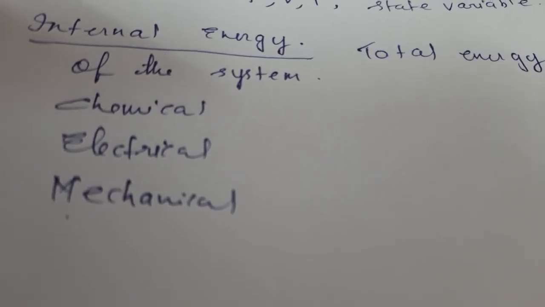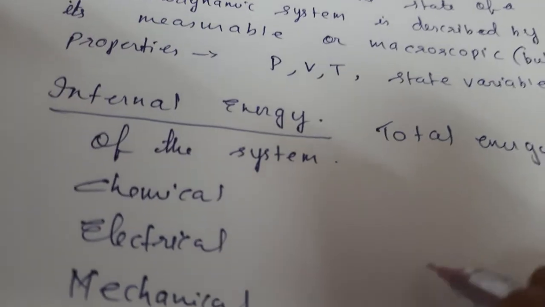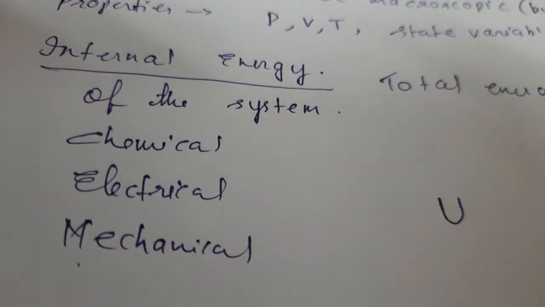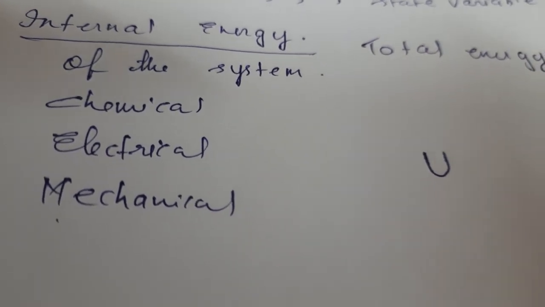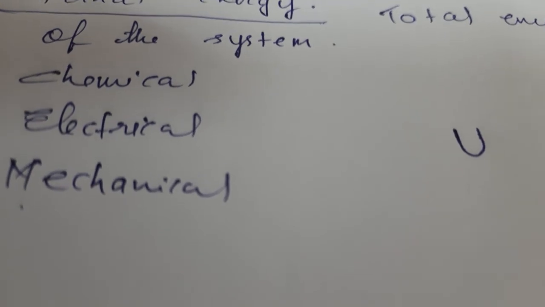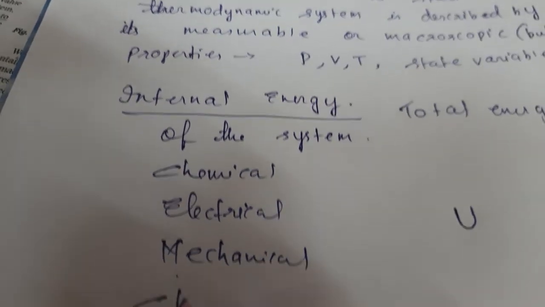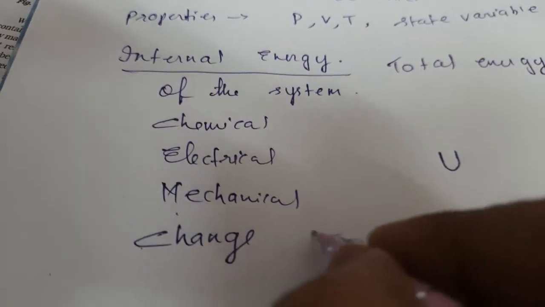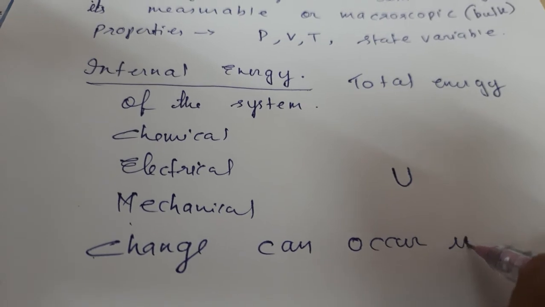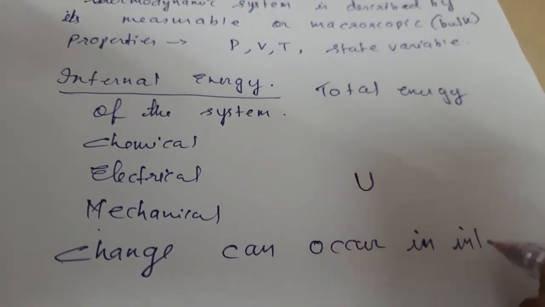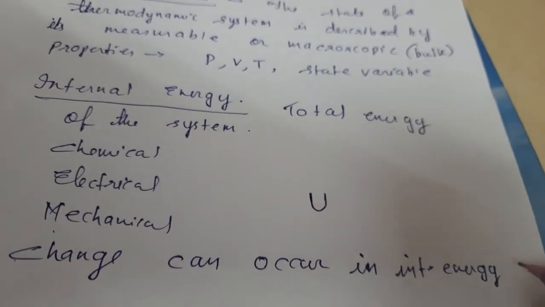So in thermodynamics, this energy is known as internal energy and it is denoted by capital U. ठीक है. So the capital U of the system, that is internal energy of the system, may change when heat passes. Change can occur in internal energy. That is U. ठीक है.